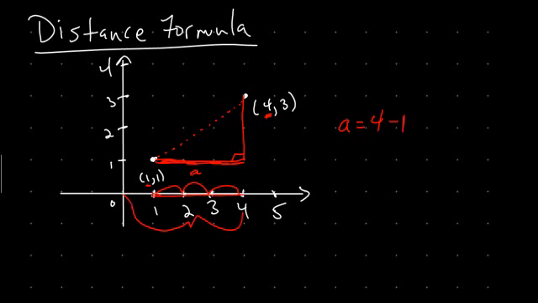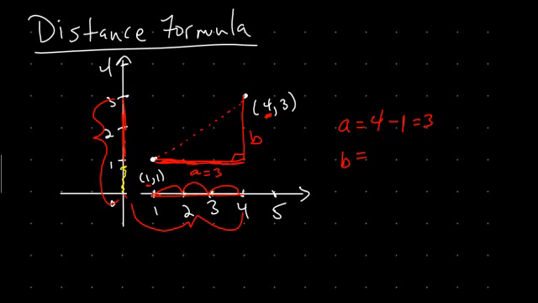So 4 minus 1 equals 3. And if we call this side B, its height is going to be 3, that whole thing, minus that little piece there. So 3 minus 1.